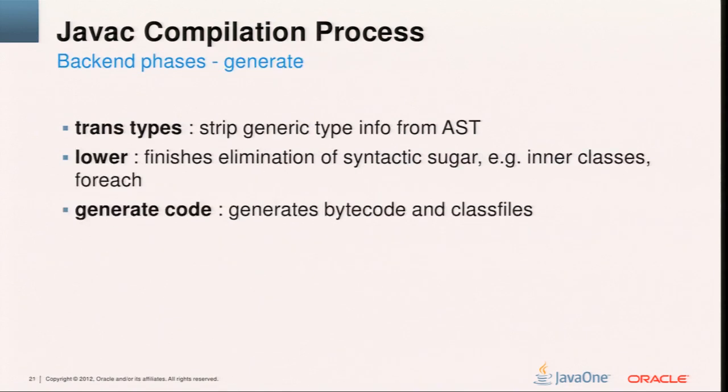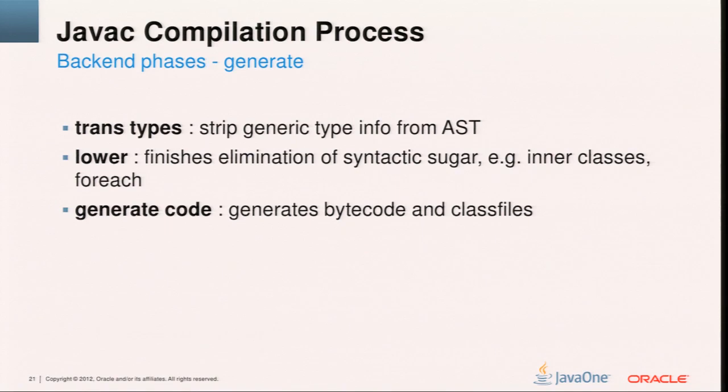And just quickly through the backend phases of the compiler that actually produce the class files, the bytecode, there is the transtypes phase that strips type information from the AST. So after the transtypes phase, there are no lists of strings, there are just lists.